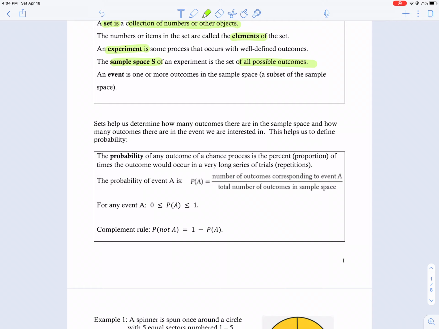It could be 0 and it could be 1. It's either never going to happen or it could happen for certain. And then there's the complement rule: the probability of A not happening is 1 minus the probability of A happening. We're going to see that a lot today as well.